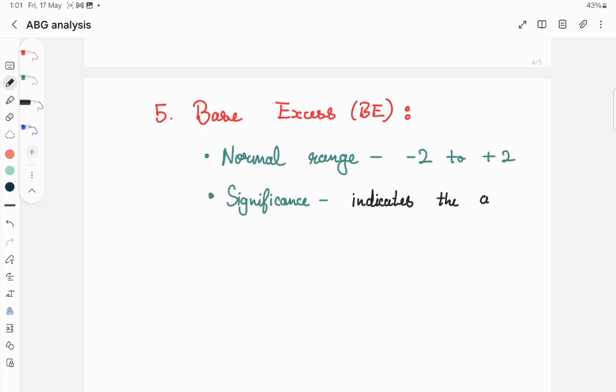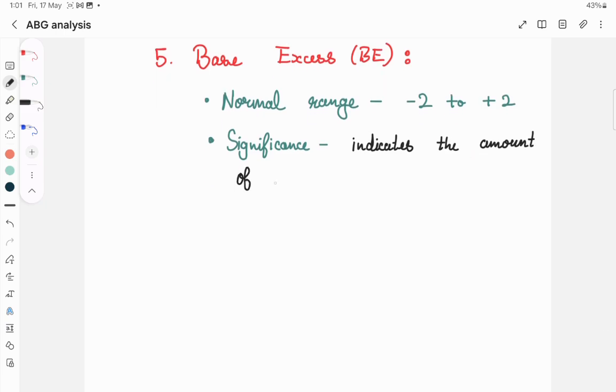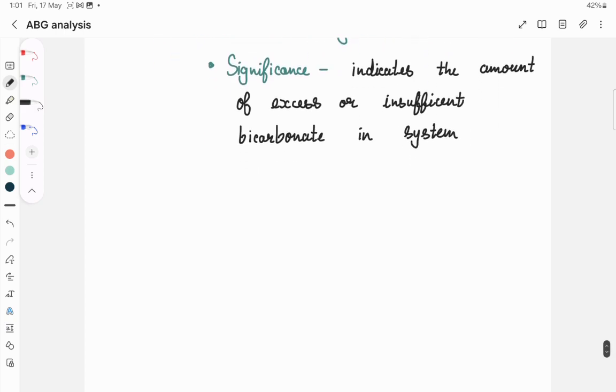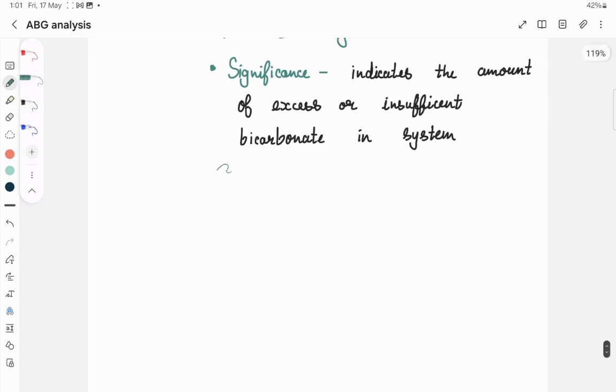It indicates the amount of excess or insufficient bicarbonate in the system.